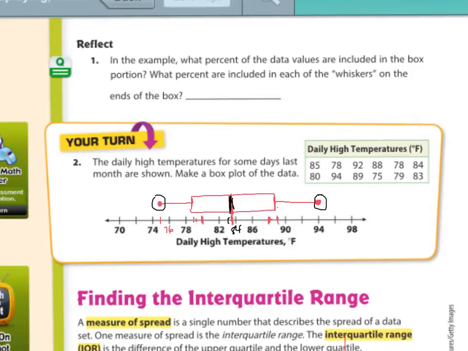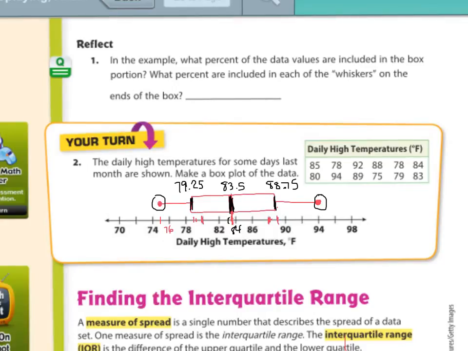Oh, no, not mean. It's our median. Okay, the median of the small half over here was 79 and a quarter. Let's write that down, 79 and a quarter. And then the median of the upper half, we call it the upper quartile, was 88 and 3/4. Okay, our median we said was 83 and a half.